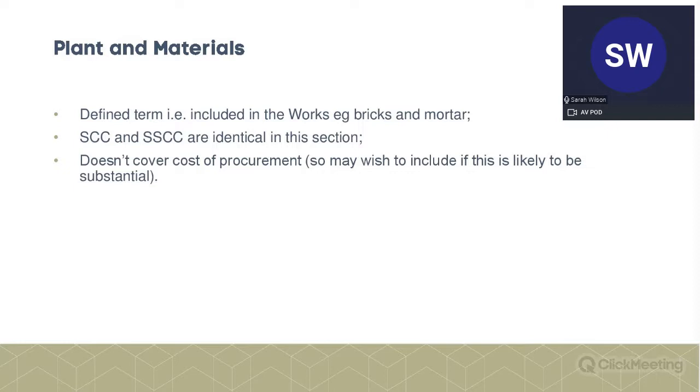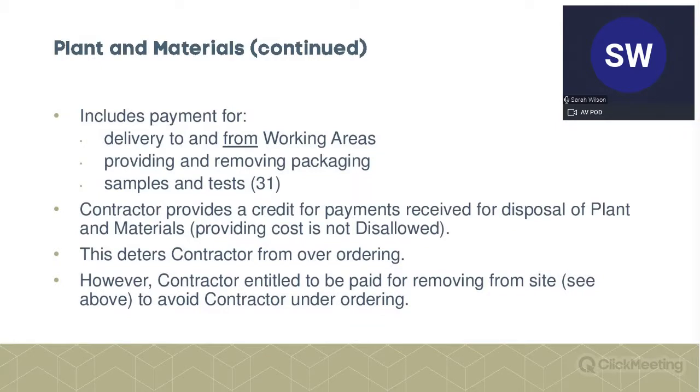I'm not sure how realistic that is on a practical level, just because you're working on a percentage, and you might have absolutely no idea how much the procurement's going to cost, but just bear that in mind.